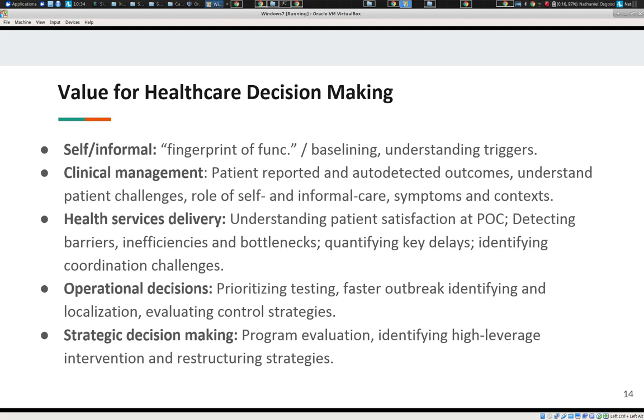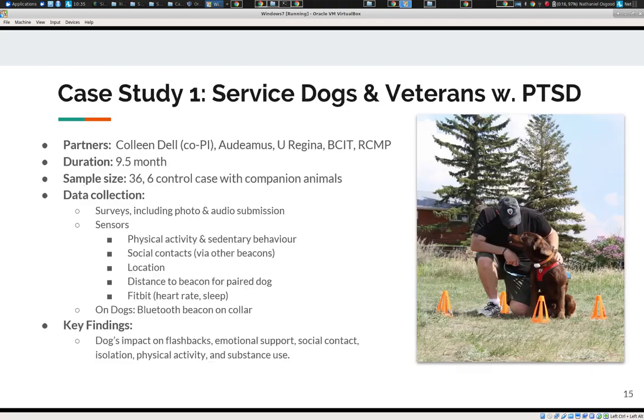That won't necessarily be recorded even in hospital, but when they go out to the community, forget it. They just depend on occasional self-report, and it's often recall bias. People can't remember. This can allow recording of it. It can help provide a baseline, as Jenny says, a fingerprint of function. Health service delivery, we can capture information there. Operational decisions can be informed by this, and strategic decision making.